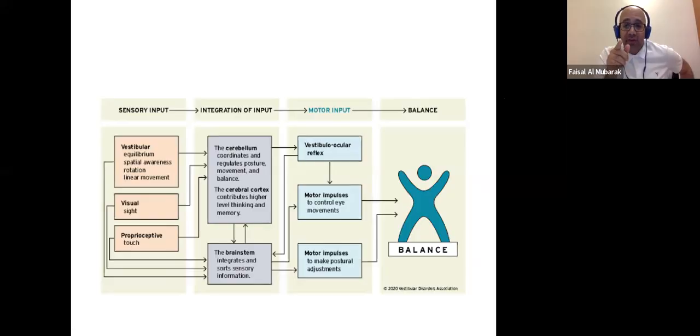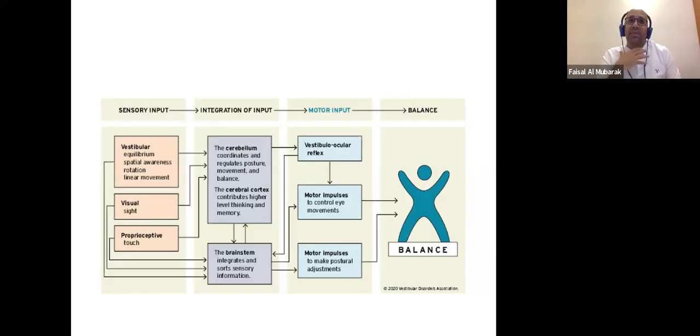Now everyone, if we look at this screen in front of us, you see balance at the end. How can we make sure that this person is being balanced? Okay. We have 3 steps here. We have a sensory input, we have an integration of input, and we have a motor output. Let's start with the sensory input.